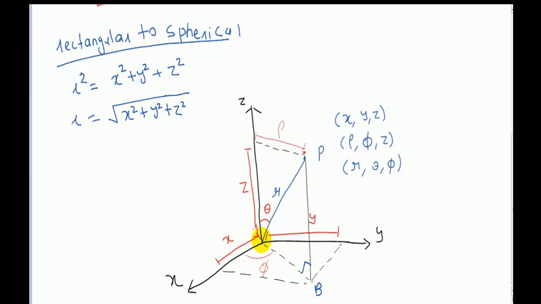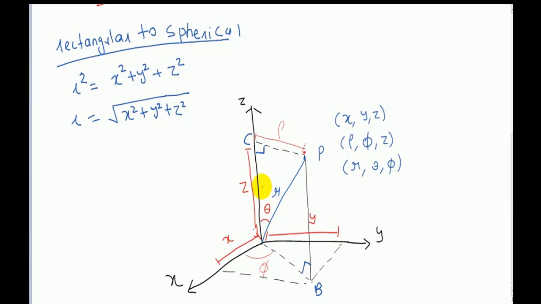Now consider this triangle OP, suppose this point is C. In OPC, this is the 90 degree angle, and if I project this line R on this, it will be R cos theta, that is Z will be R cos theta.